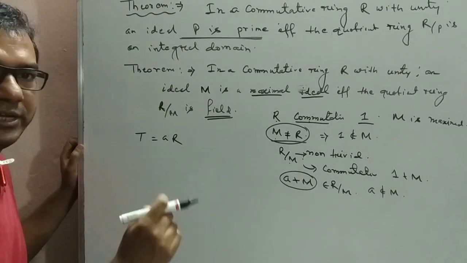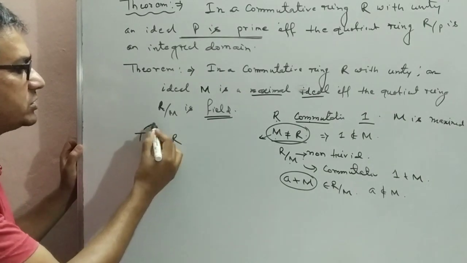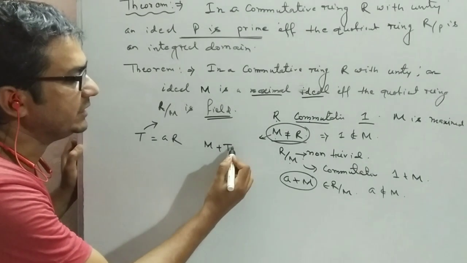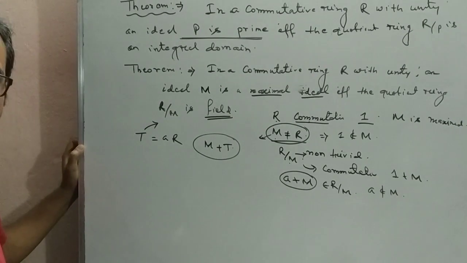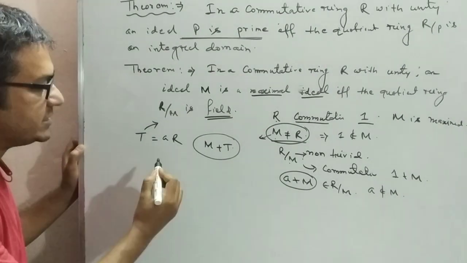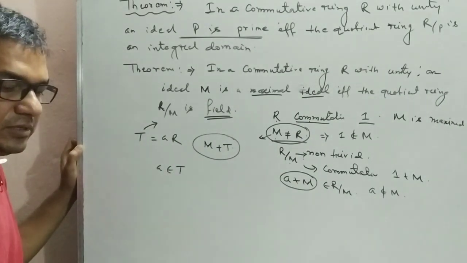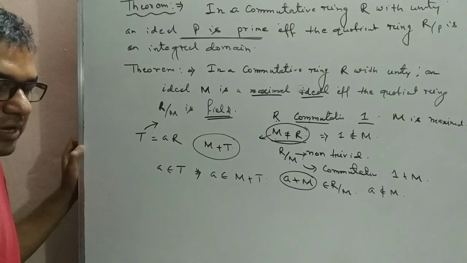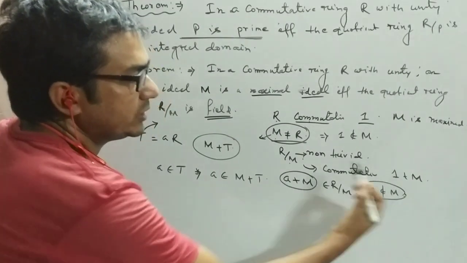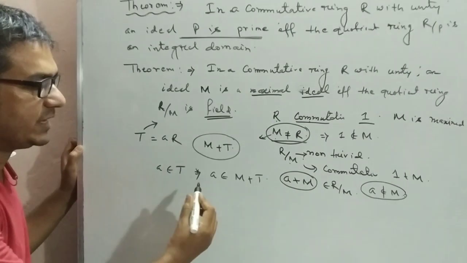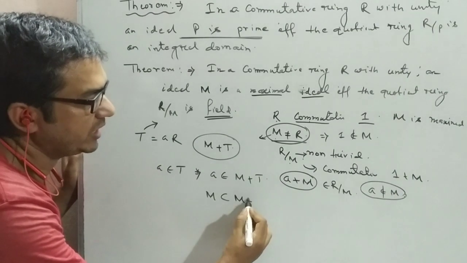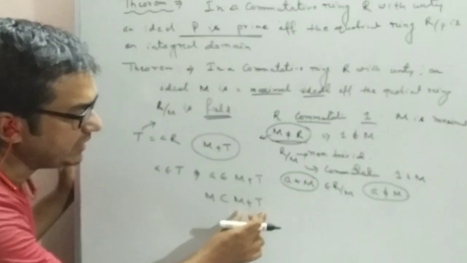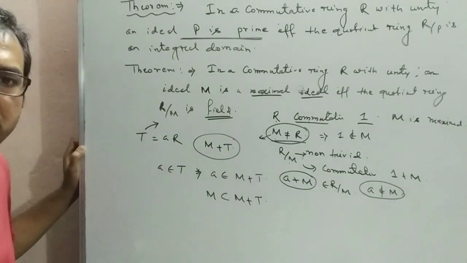Now we get two ideals: one is the given M, and we construct the principal ideal T, and we know that M + T is also an ideal of R. Since a belongs to T, this implies a belongs to M + T, but here a does not belong to M. So we can say M is a proper subset of M + T, and M + T is an ideal containing M.